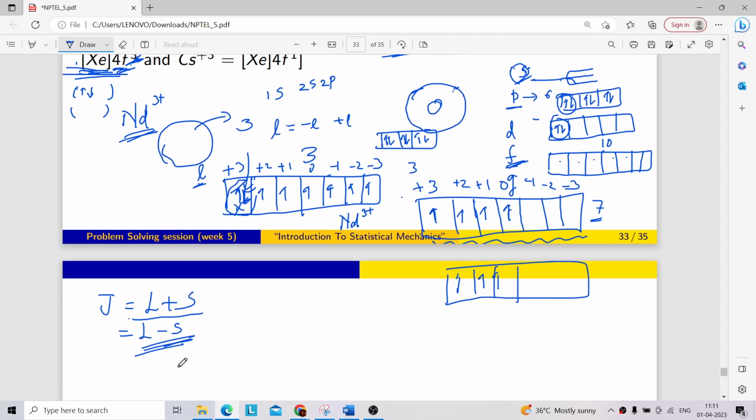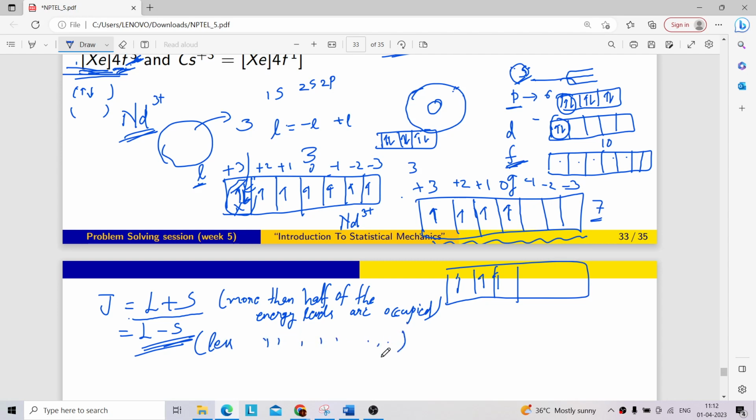So the first case is when more than half of the energy levels are occupied, and the second one is when less than half of the energy levels are occupied.